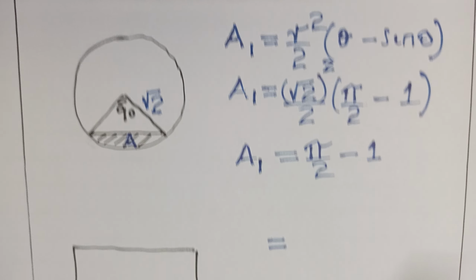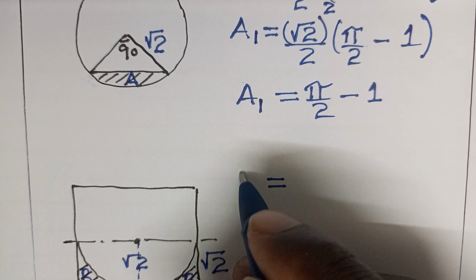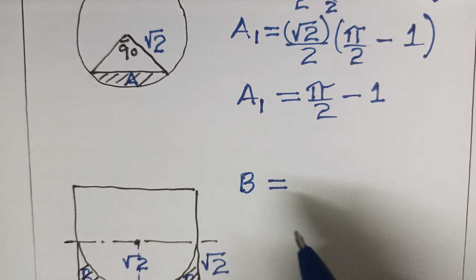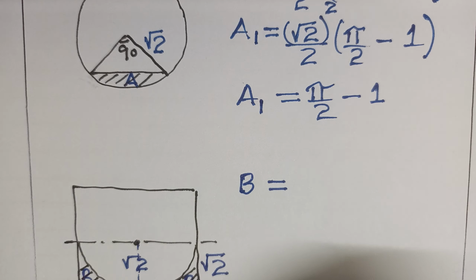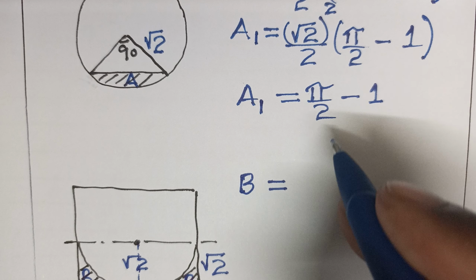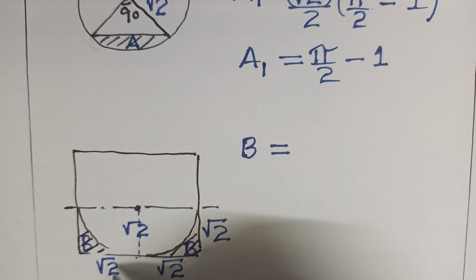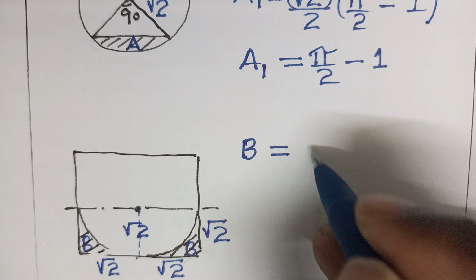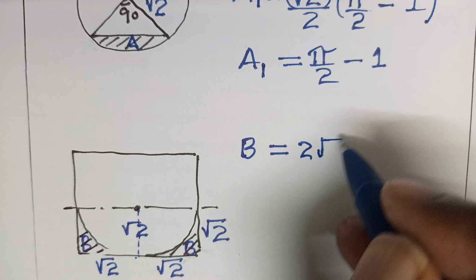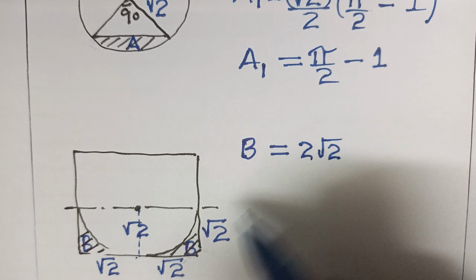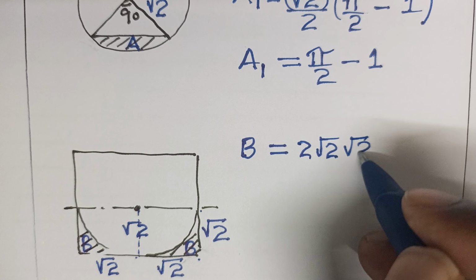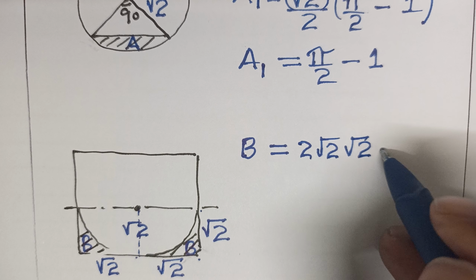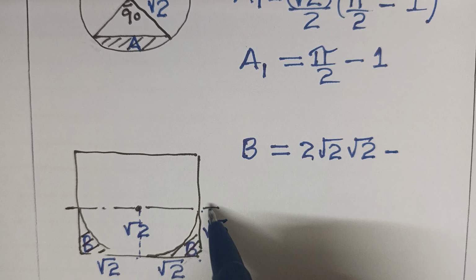So now we come to this area B. For the area B, this is now going to be the area of the rectangle, which is square root of 2 plus square root of 2, is 2 square root of 2. Now I multiply by this side, which is square root of 2. I now take away the area of the semicircle.